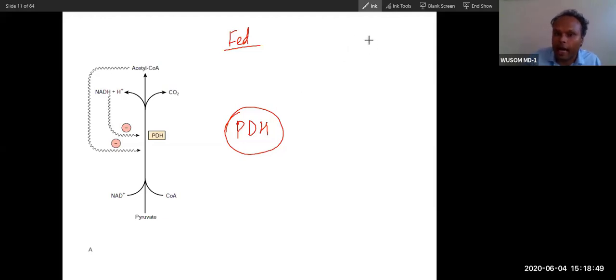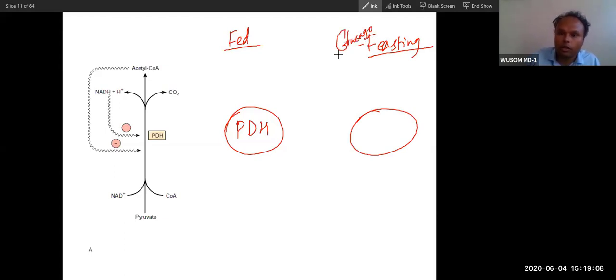Now suppose we did not get food for 24 hours, in this lockdown period. So what will happen to this PDH? Glucagon is equal to high cAMP.